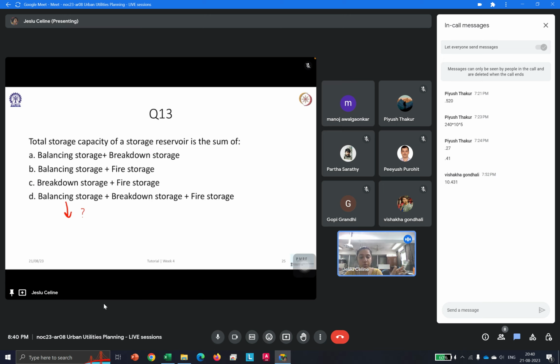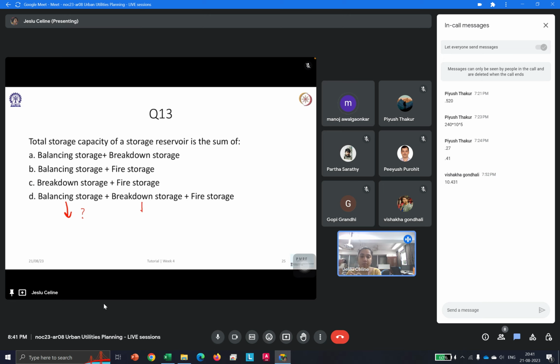Now, in addition to those, we also need to accommodate breakdown storage and fire storage. What is breakdown storage? It is for maintenance purposes, or if the pumping is stopped, or the supply is stopped, or there's a breakdown in the overall system, for instance a broken pipe.